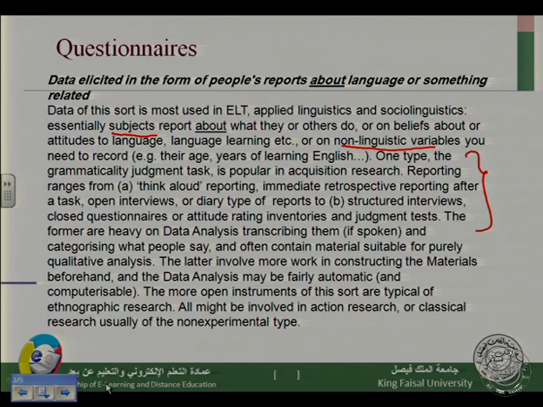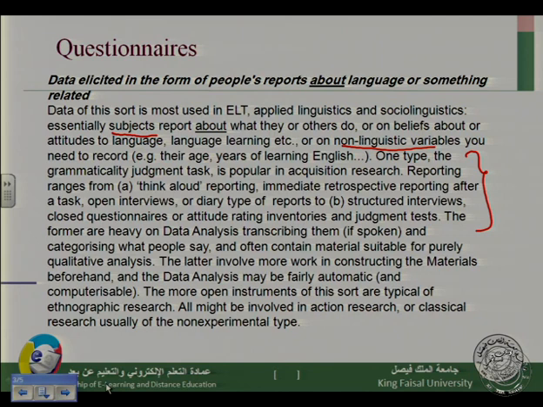Structured interviews, well, a structured interview, you have a set of questions, you sit with the people you want to ask these questions, and it ranges from structured to semi-structured interview. With semi-structured interview, you can ask more questions, but with a structured interview, it's limited to these questions.